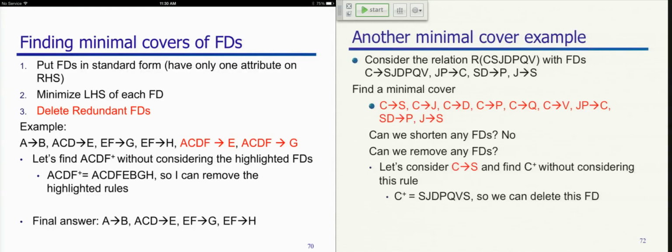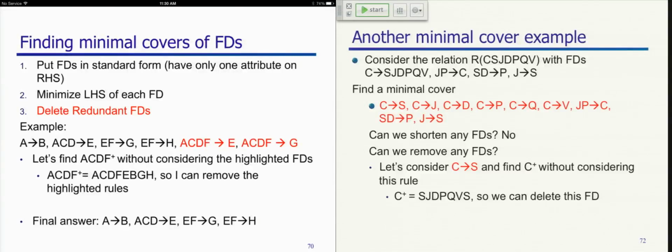So now I'm going to check to see whether I can remove any FDs. Now I'm going to consider C determining S. If I want to consider removing this, I'm going to ignore this rule and see if I can get this without having this rule in place. So I need to find the closure of C without considering this, and then with considering this, and see whether I get the same values or not.